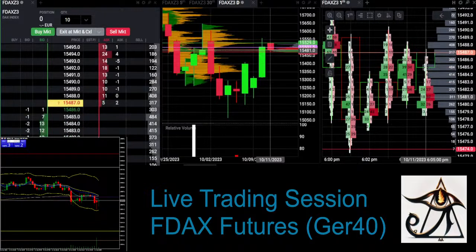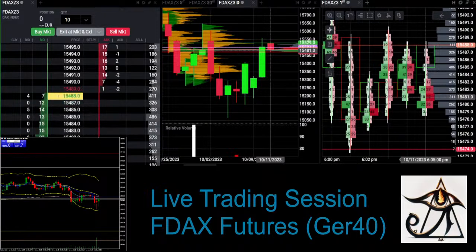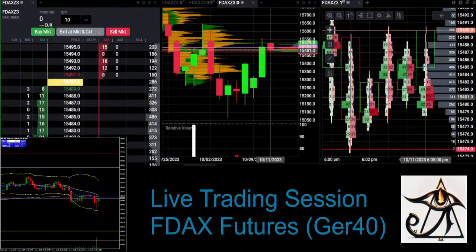And the volume profile is very even on the bid and the ask. So we're just waiting for an indication again, just like yesterday, for some sort of insight into where the market might go.